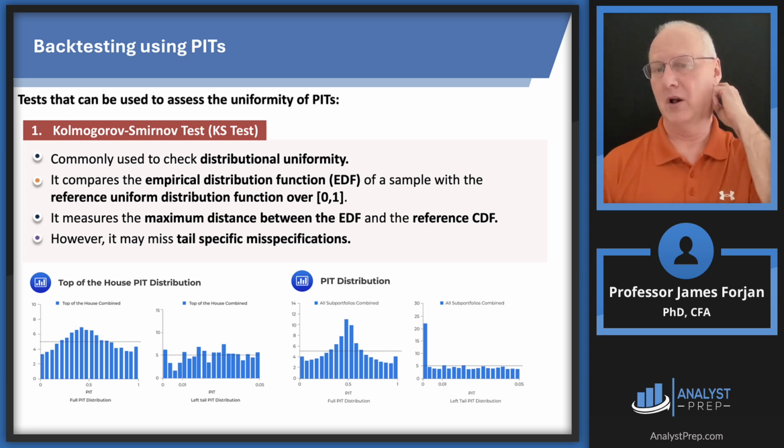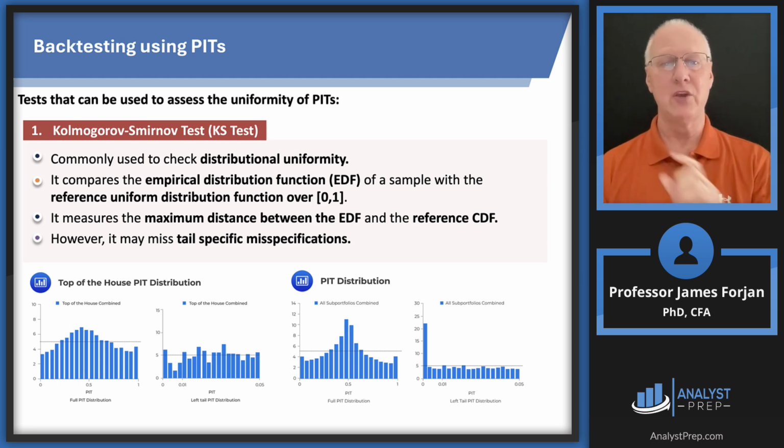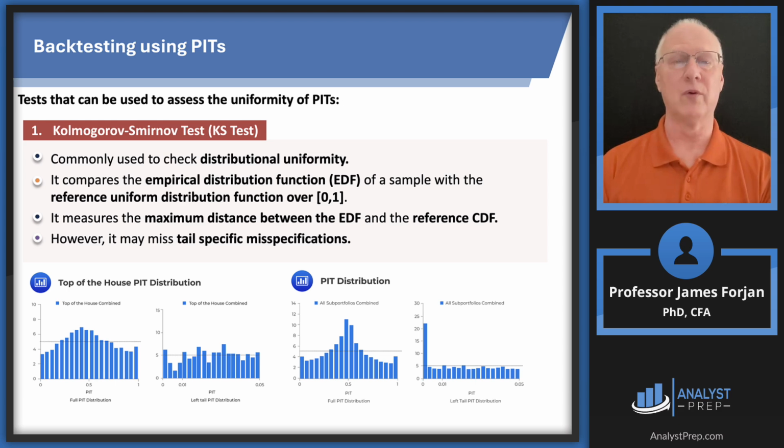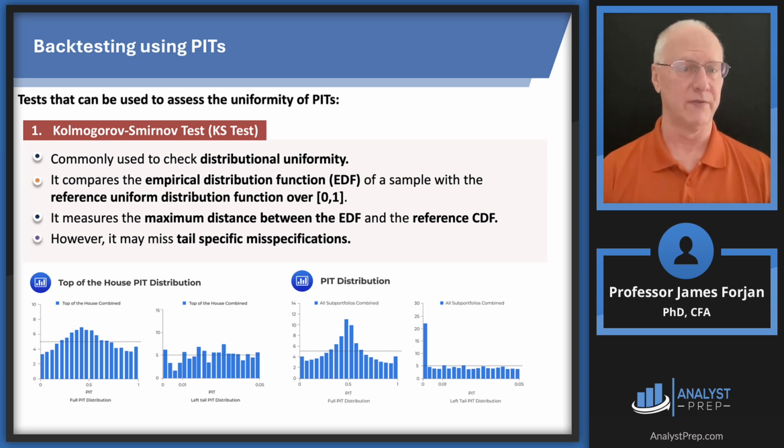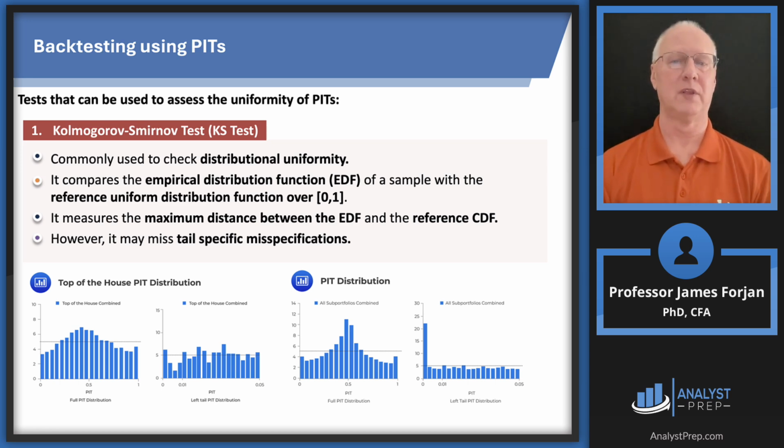Now, the authors in this chapter use the term reference distribution multiple times, and I don't want you to get confused. The reference distribution is going to be the uniform distribution in this value at risk back testing. I'm guessing that when they put this test together, KS could be used for lots and lots of different types of distributions, but in this case, it's just the reference distribution.